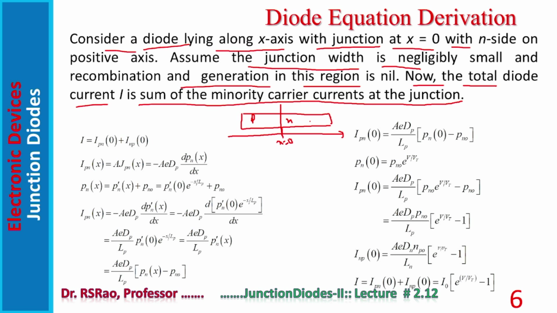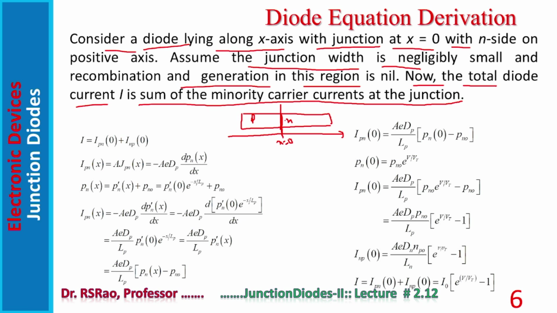The second aspect that should be remembered is that majority carrier current, after entering the other side, becomes minority carrier current. Minority carrier current on the other side becomes majority carrier current. If we consider a point just on the edge of the junction region, total current is majority carrier current on the P side plus minority carrier current on the P side.